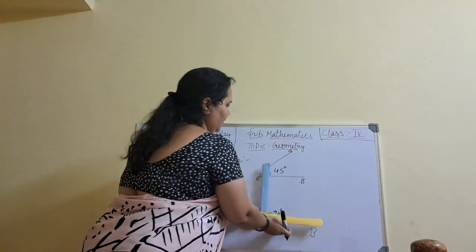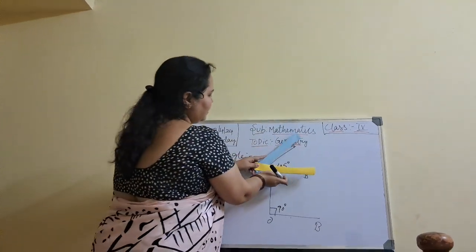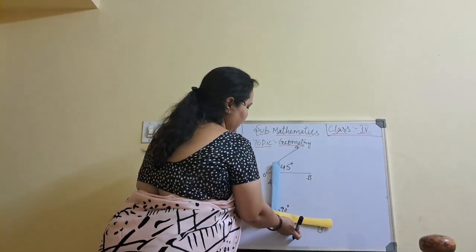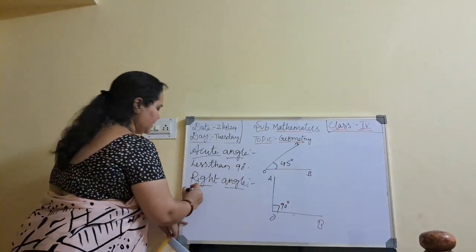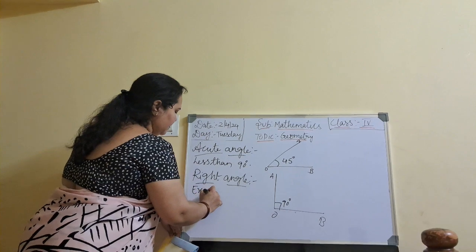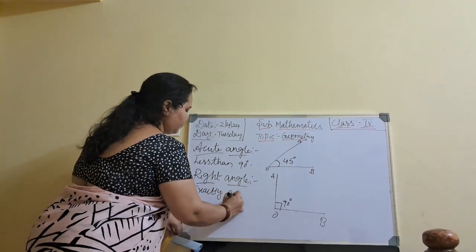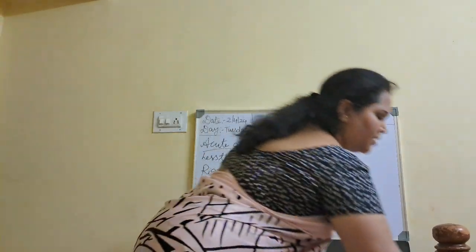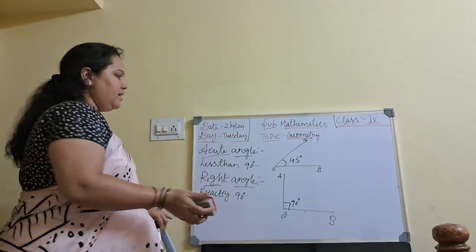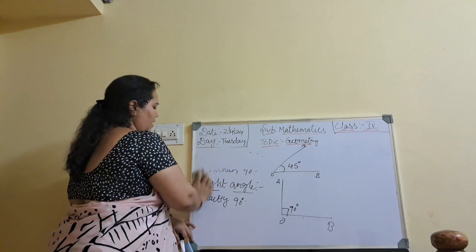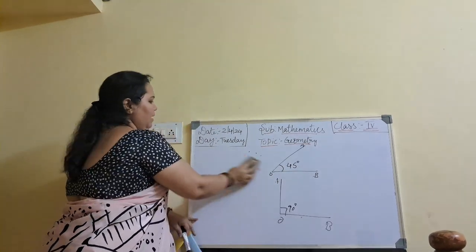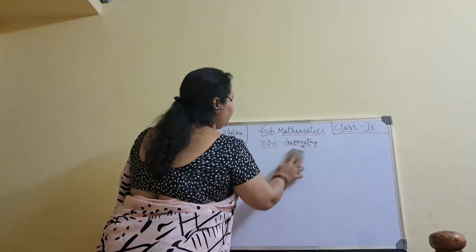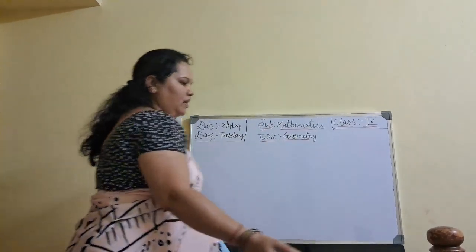Acute angle means like this, and right angle means like this, always exactly 90 degrees. Now you understand, no? Are there any doubts regarding this? Okay, you don't have. Well and good. If anybody has any doubt, please raise your hand and tell me.